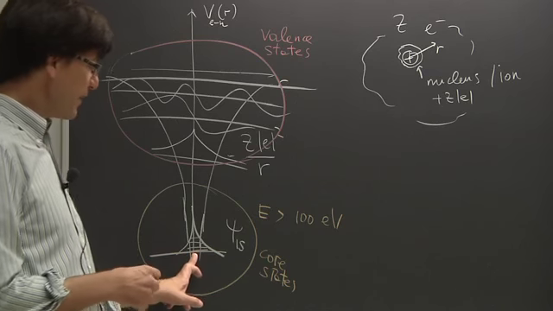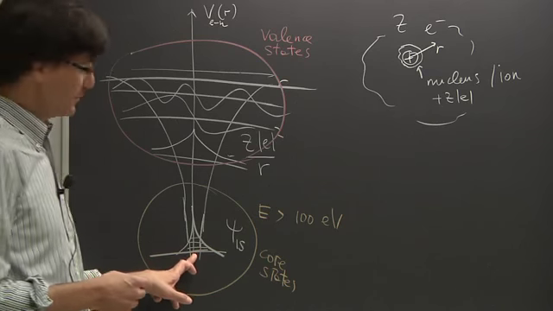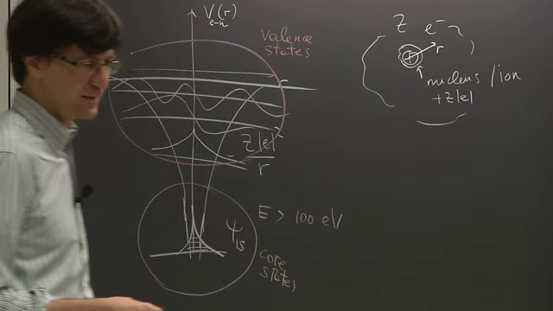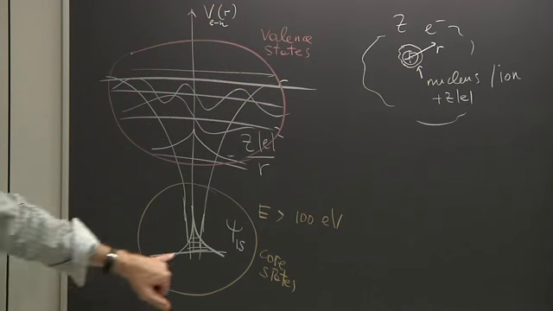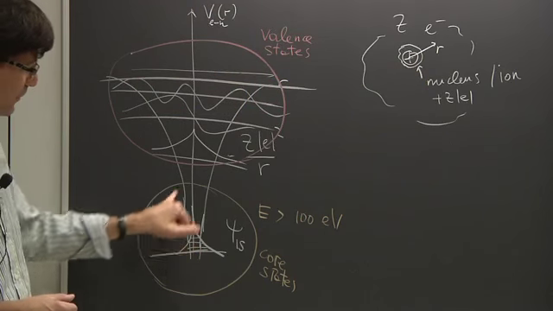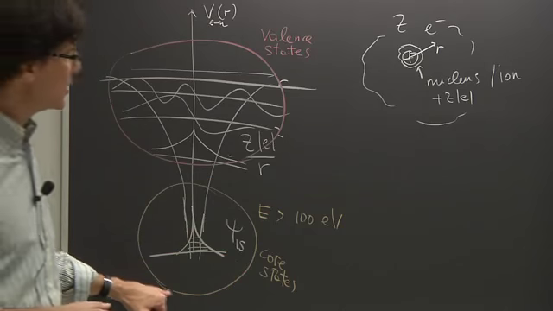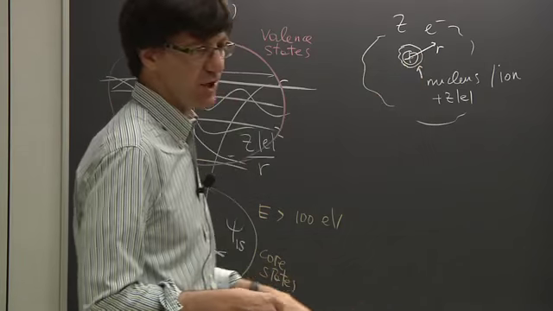But if you can approximate them with delta functions, they're going to overlap exactly with the nucleus, right? So you have a number of charges which is proportional to the number of electrons that you have in core states, which are going to be superimposed on top of the charge of the nucleus.